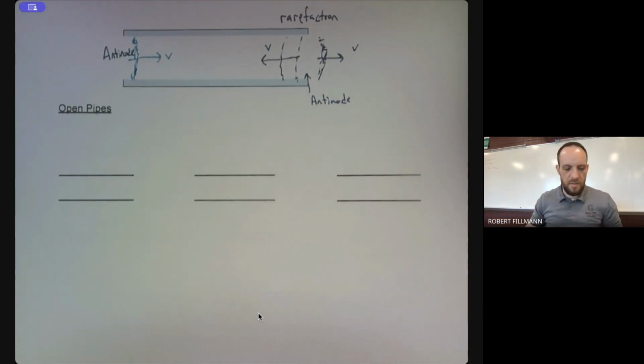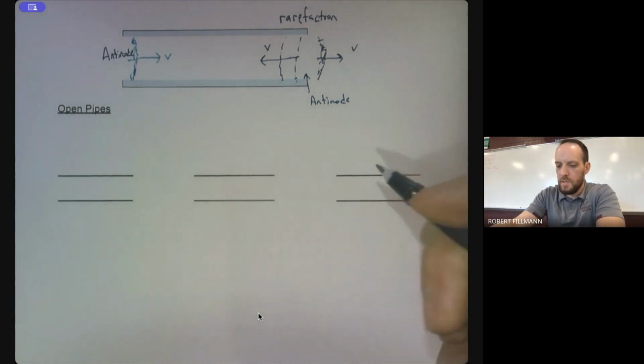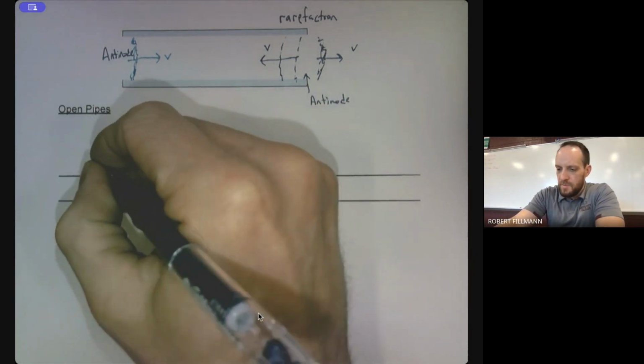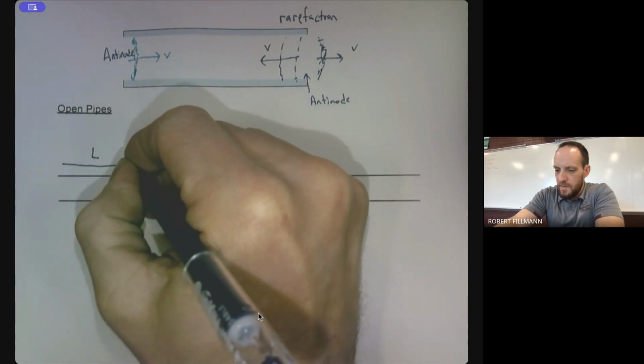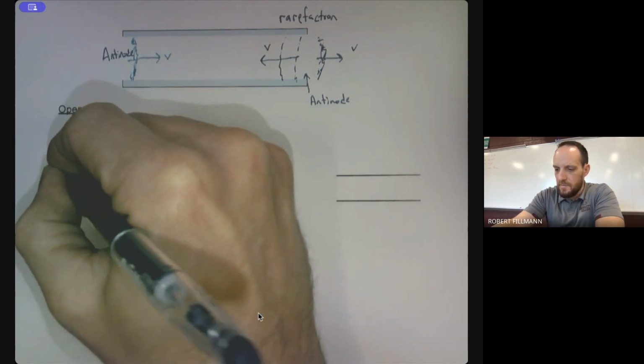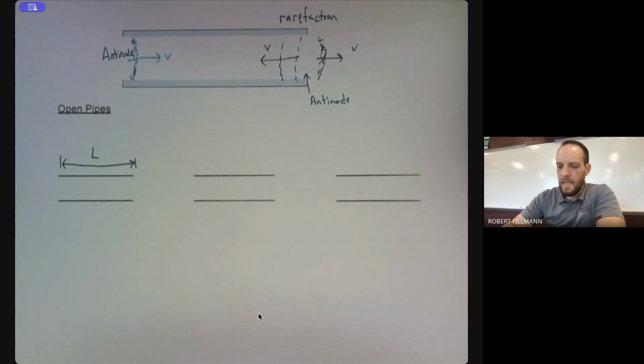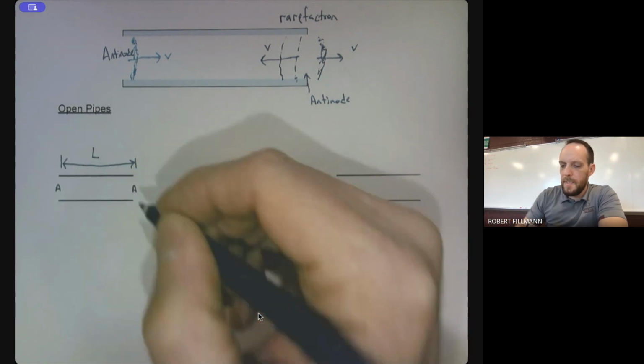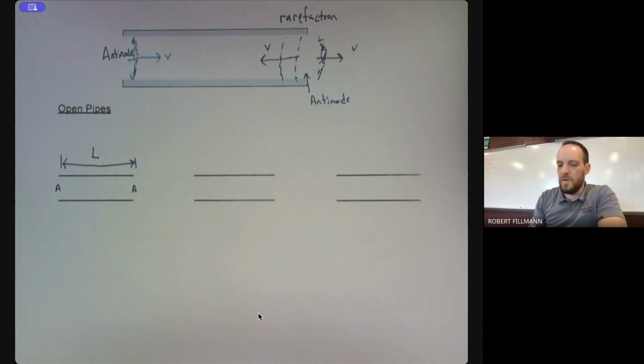Let's see if we can do the same thing we did with strings. You should see a similarity. So in the case of the open pipe, let's use the same sort of terminology. We'll call L the length of the pipe, just like L was the length of the string. The difference is that instead of nodes, we have to have antinodes at the ends of the open pipes. Okay, so what do I have?